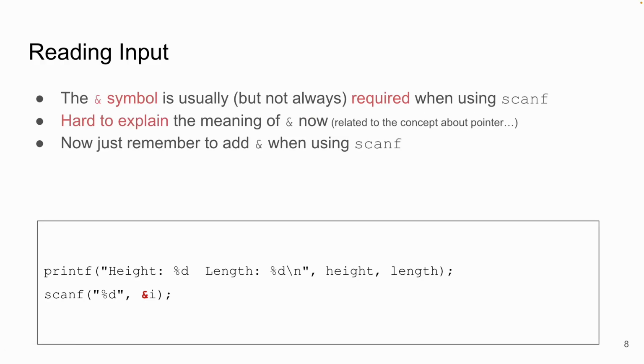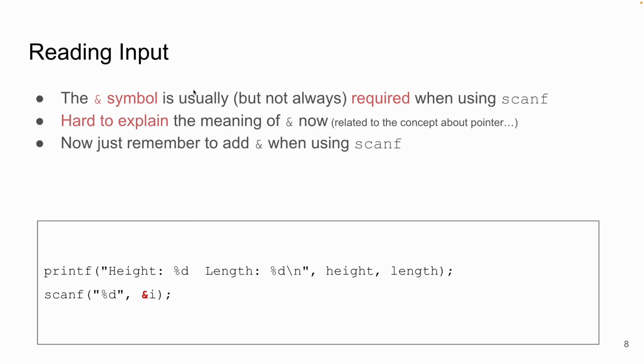And some of you might wonder why in the scanf we have this AND symbol here. Because in the printf we don't need to have the AND symbol in front of the variables, right? But in the scanf we need to put this AND symbol. So in C, when you use the scanf, this AND symbol is usually, but not always, required.